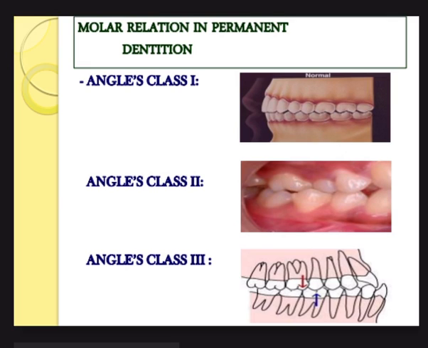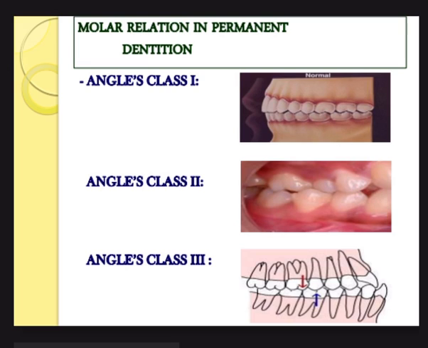And class 3, what will it be? The mesiobuccal cusp will be anterior or posterior to the buccal groove. See, class 1, your mesiobuccal cusp will coincide with the buccal groove. Class 2, it is anterior to the buccal groove, right? So class 3 will be anterior or posterior. Look at the picture and tell me fast.